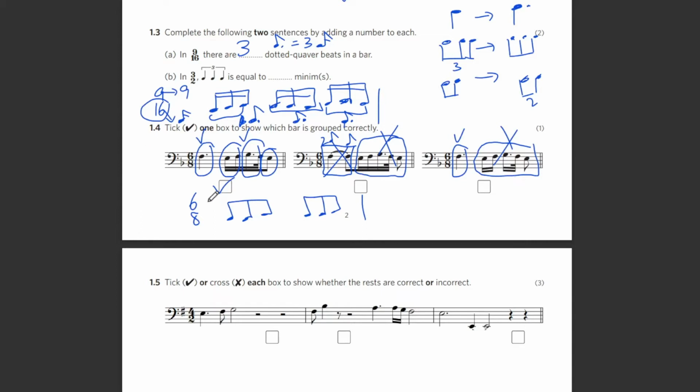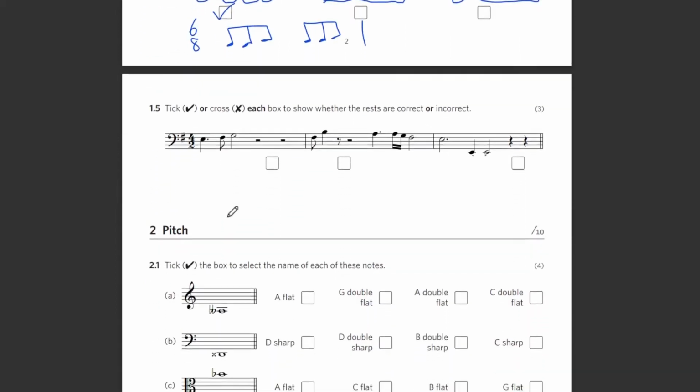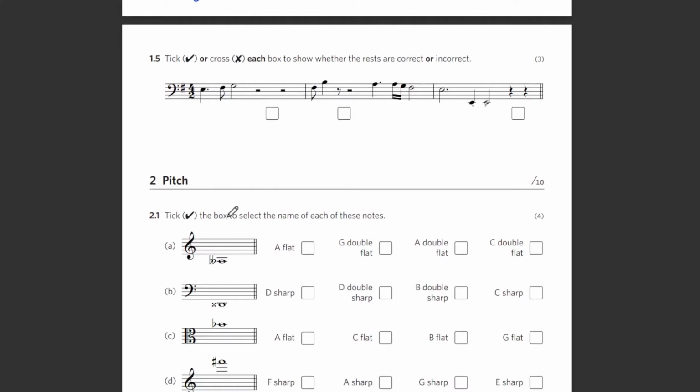Moving on to section 1.5 of the rhythm section. In section 1.5, you're asked to put a tick or cross in each box to show whether the rests are correct or incorrect. Let's take a look at 4-2 time. In 4-2 time, we will group the notes minim beats by minim beats. Let me write out 4-2 time.